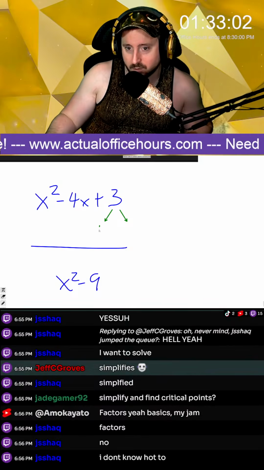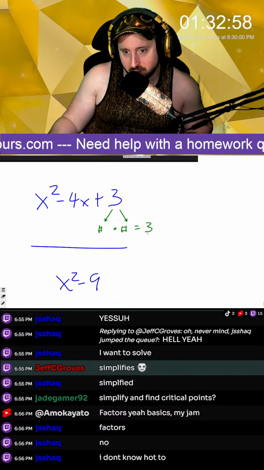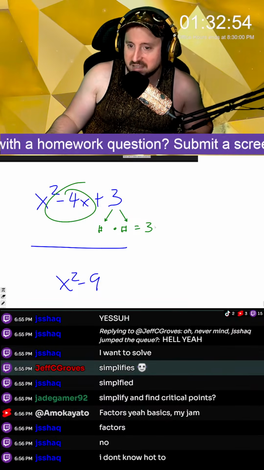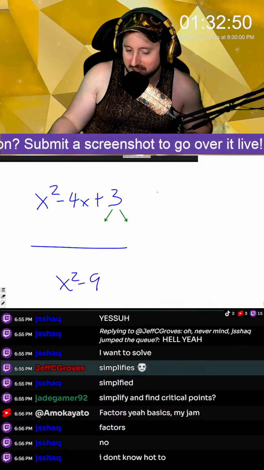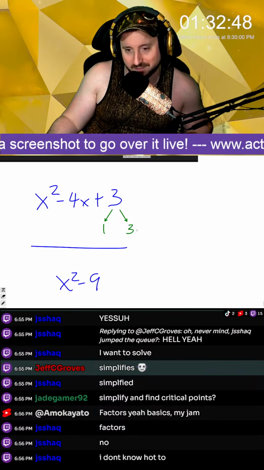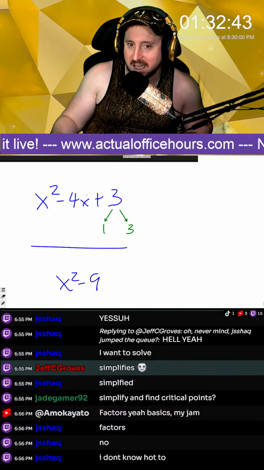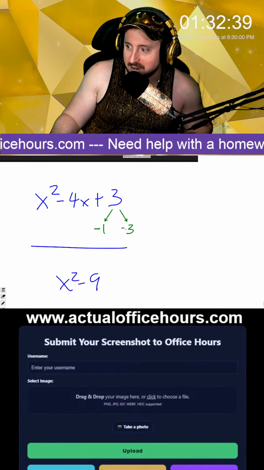I need a number times a number that equals 3, but it also has to add up to negative 4. One of the easy ways to do this is to write out the factors. 3 only has one factor pair, 1 and 3. Not very complicated. But I need it to add up to negative 4, so I need negative 1 and negative 3.